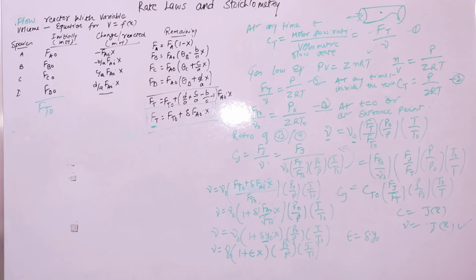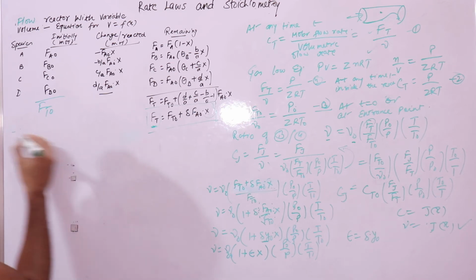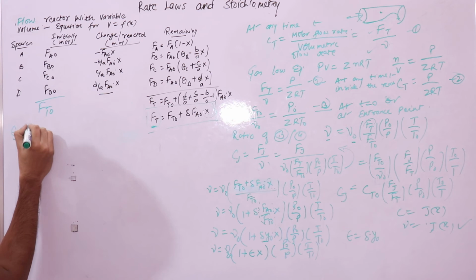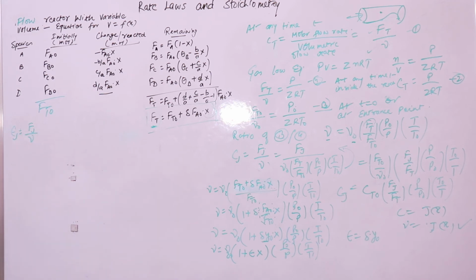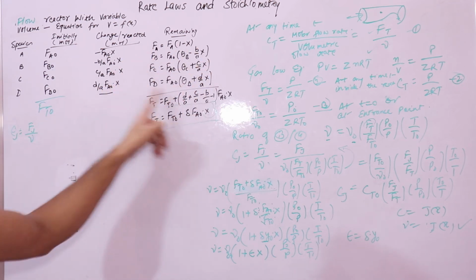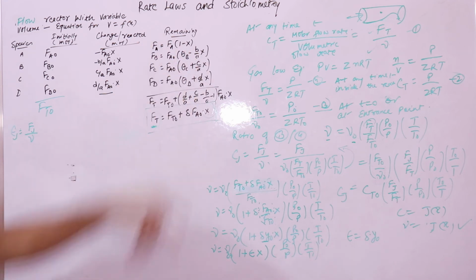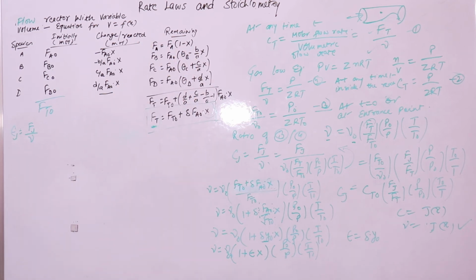right? And the concentration of any species J would be Fj divided by nu, right? Molar flow rate divided by volumetric flow rate. And if you just look at this, molar flow rate of any species is seen from the fourth column, right?